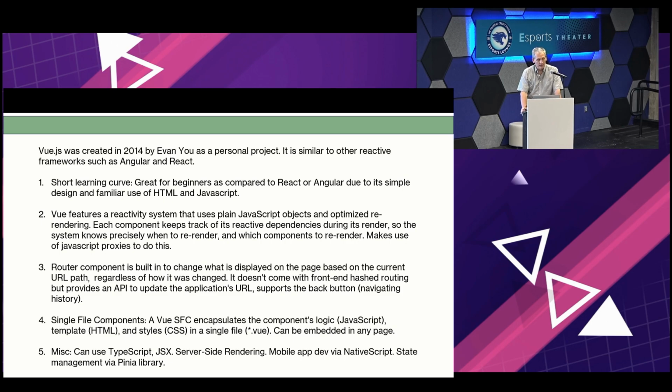It doesn't rely on what they call hash routing or hashbang routing. It's all built in. It's got a nice API. It actually supports the back button, which is kind of neat. That was really my first introduction to routers that had a back button ability. So if you hit the back button, it knows where you are.